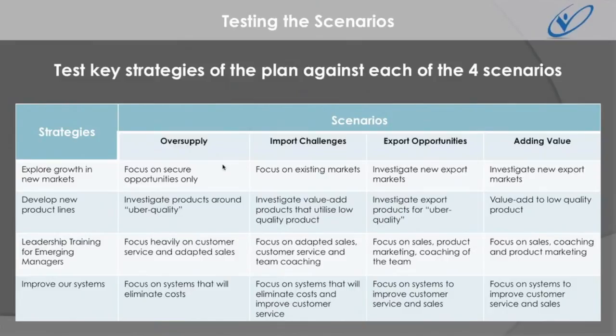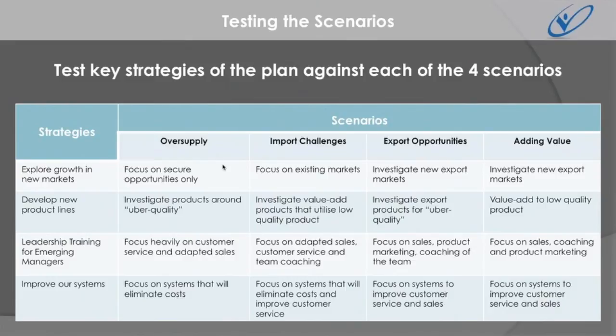So if you take the oversupply example, and remember in that example we were talking about increased product supply, pressure from imports, some export challenges, downward price pressure, and just general good product quality. The quality of product in the marketplace was generally pretty good.